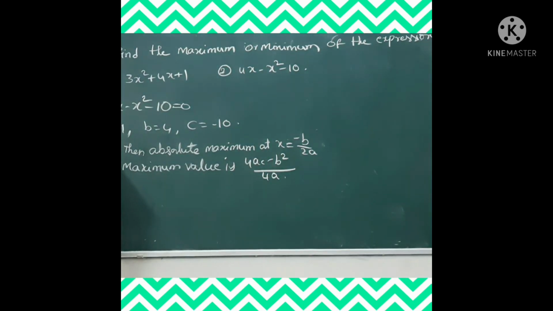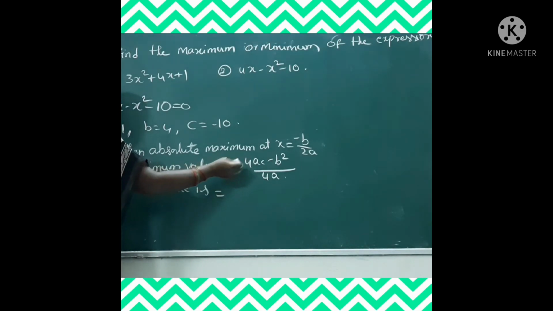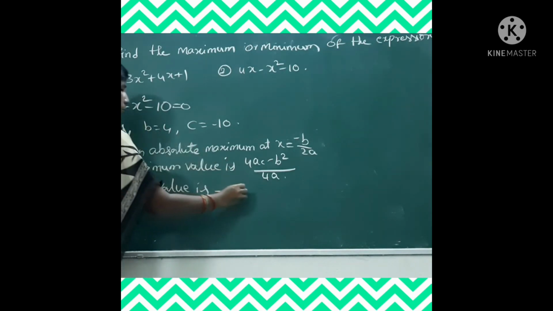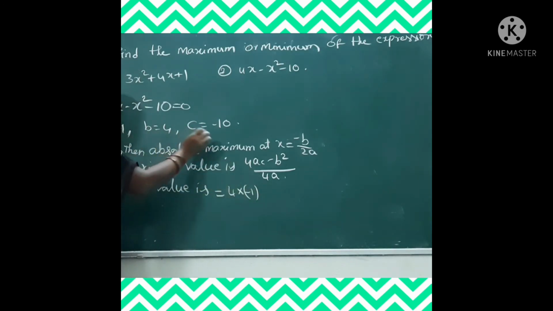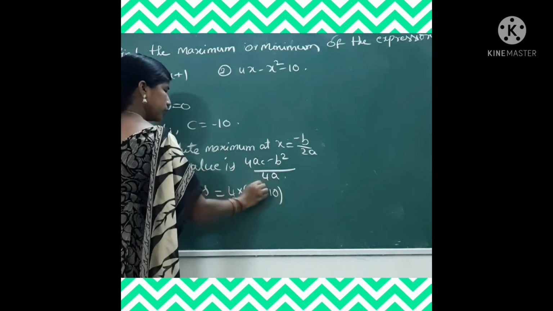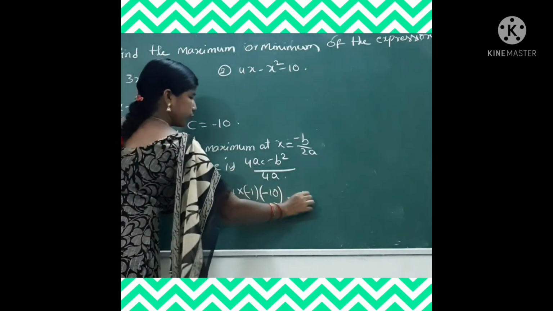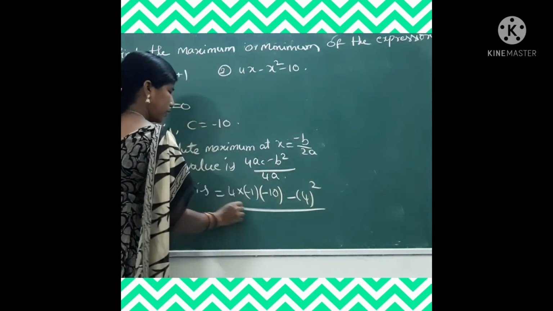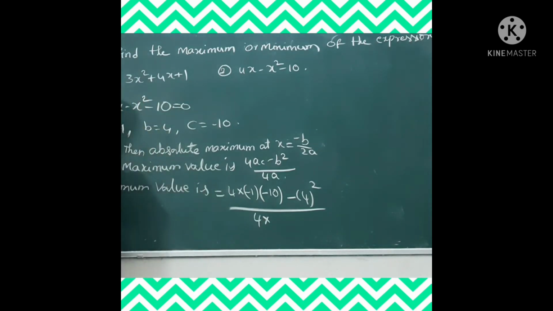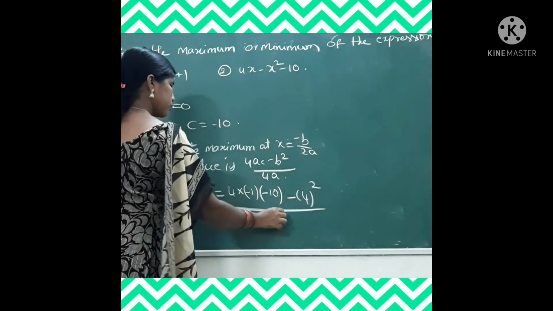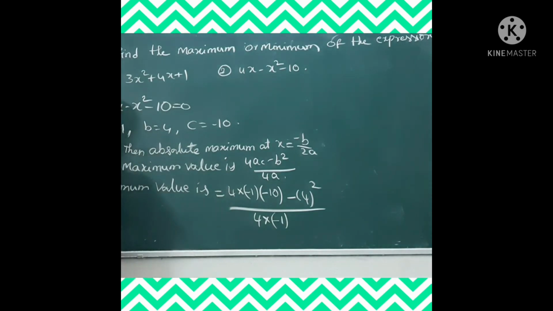Therefore the maximum value is: now substitute these terms, a means minus 1, c means minus 10, minus b square, 4 square, by 4 into again a, minus 1. Okay, this one is solved now.